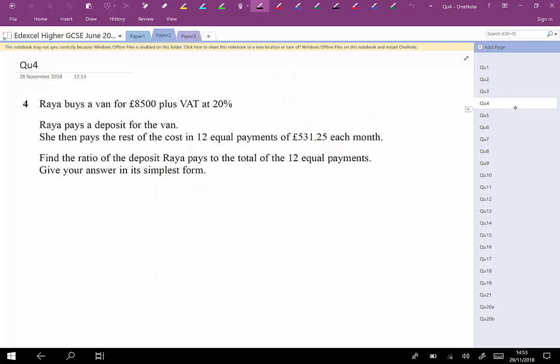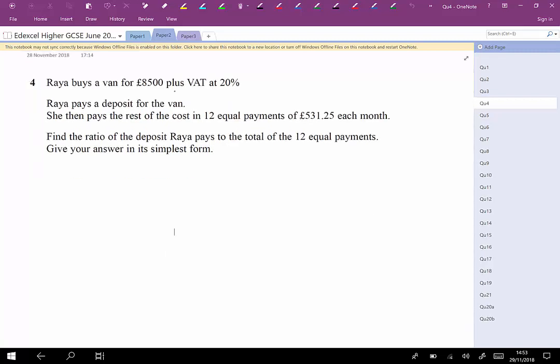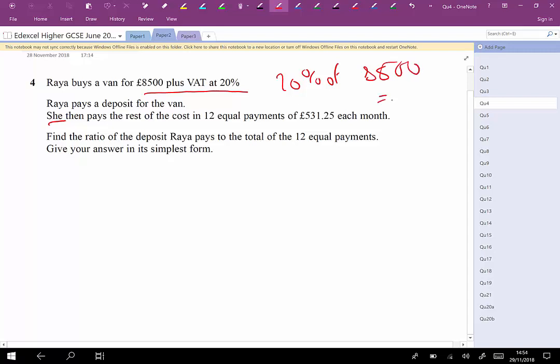Question number 4. I think we need calculators out for this one. So Rhea buys a van for 8,500 plus VAT, which is charged at 20%. Before you even read anything further, you probably want to work out how much she pays for the van in total. Well, 20% of 8,500 is 20 over 100 times 8,500.